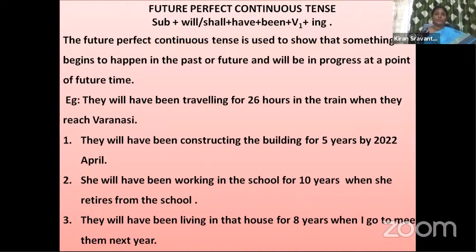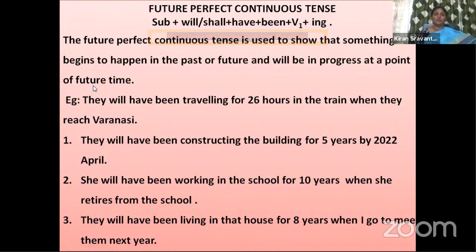So for example, they will have been traveling for 26 hours in the train when they reach Varanasi. By the time they reach Varanasi, they will have been traveling. They haven't reached Varanasi yet. Sometimes when they give you future perfect continuous tense, we can also come across a reference to present simple tense, though hardly.